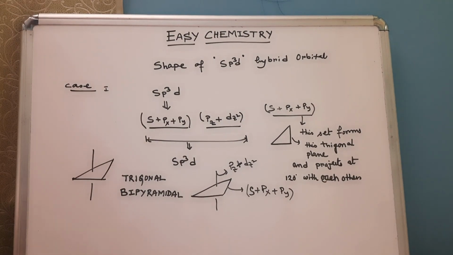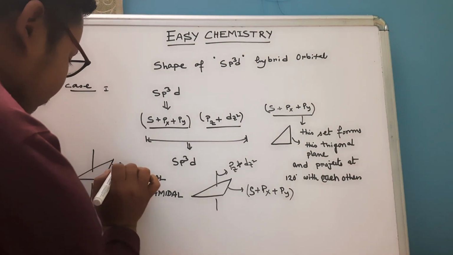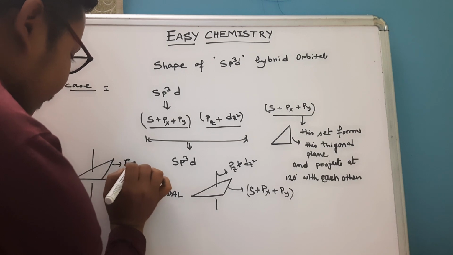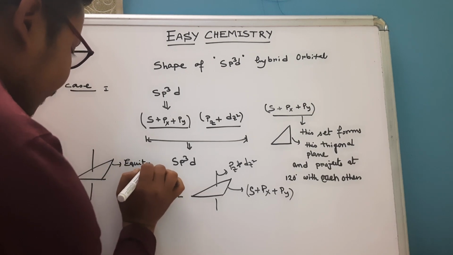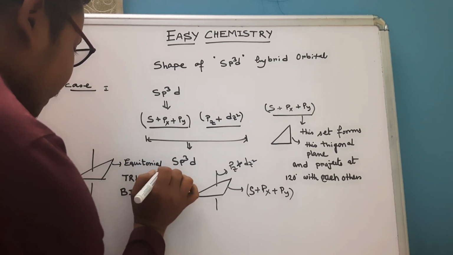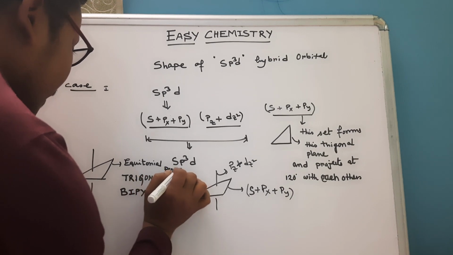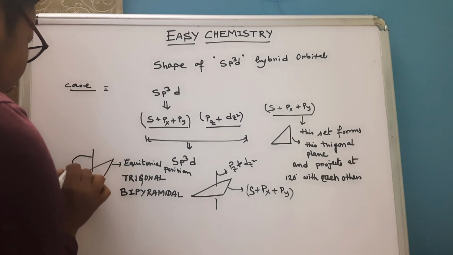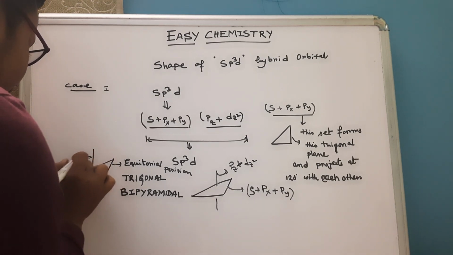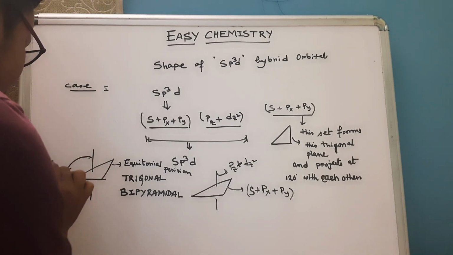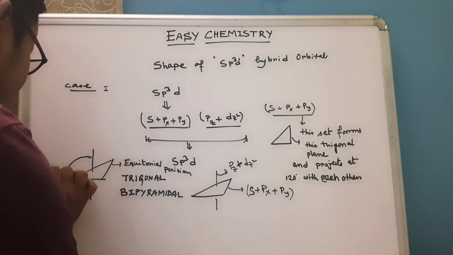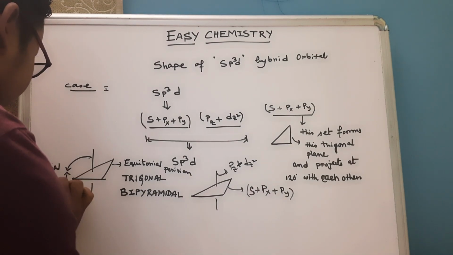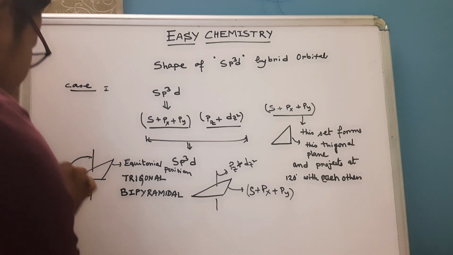These positions are called equatorial positions, and this position and this position are called axial positions.